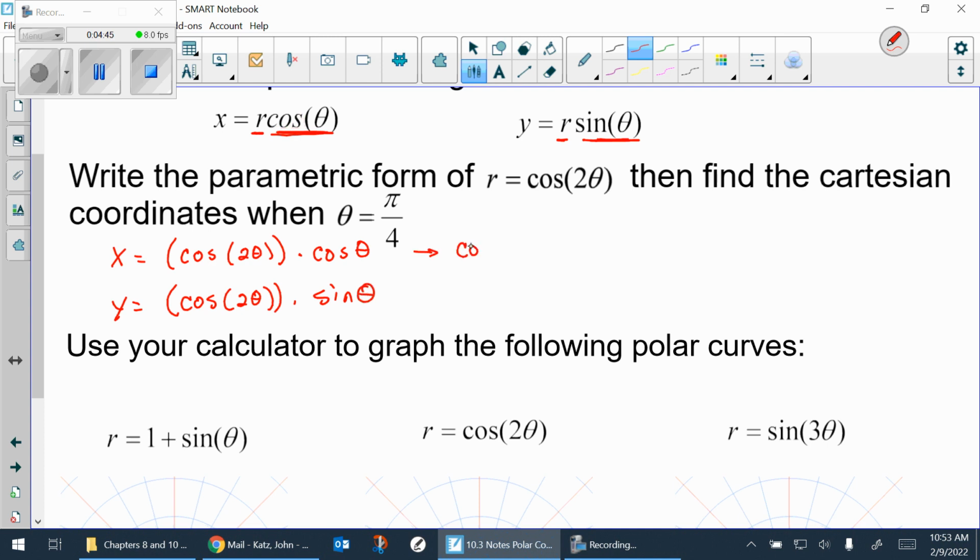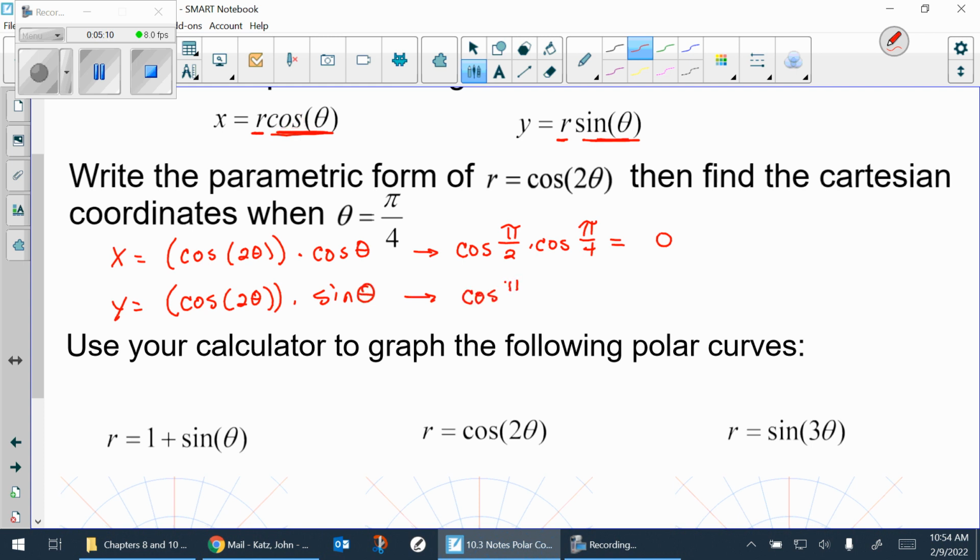I'm going to take the cosine of 2 of these pi over 4s, which is pi over 2. Multiply that by the cosine of pi over 4. And the cosine of pi over 2 is 0 times square root of 2 over 2. And actually, I'm going to run into the exact same thing here.